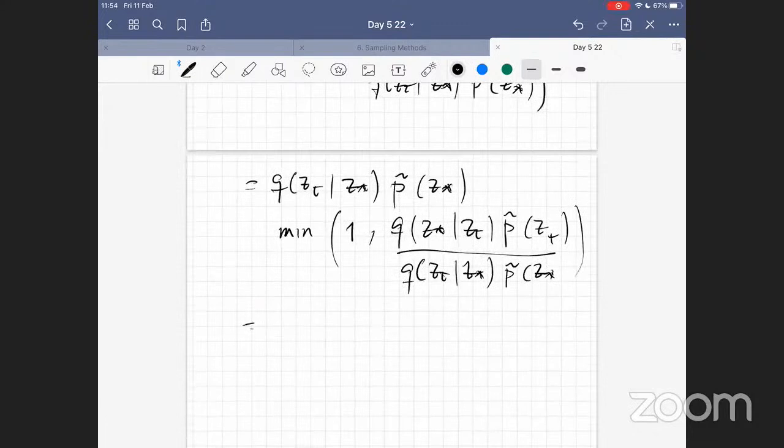But this is exactly the other transition, right? So this is exactly the inverse transition, I wanted to say. So this is exactly A of what? Of Z star going to Z tau.